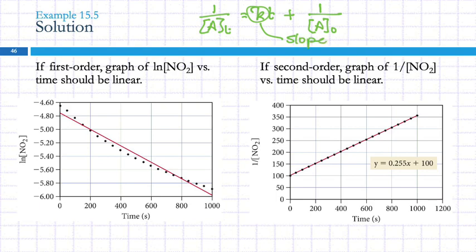So our rate constant, k, is equal to 0.255. And then the units, I'm just going to think back to, okay, the rate is in moles per liter per second, equal to the rate constant times the molarity squared. So my units here are going to be molarity to the minus 1, seconds to the minus 1.